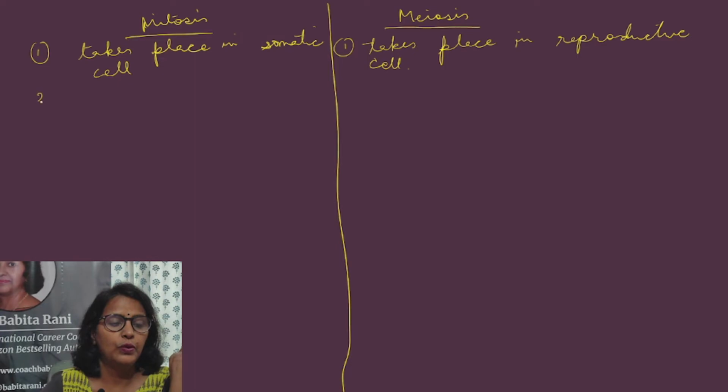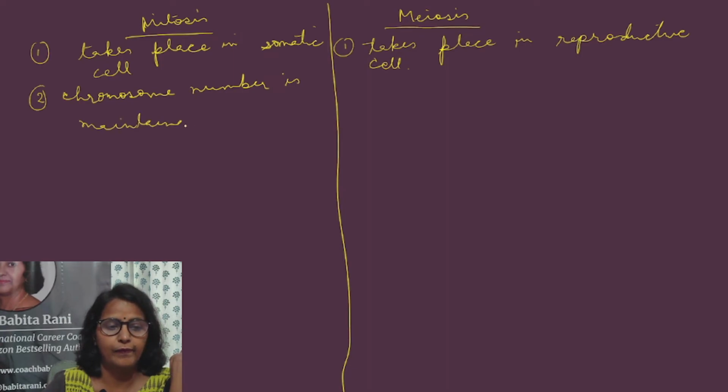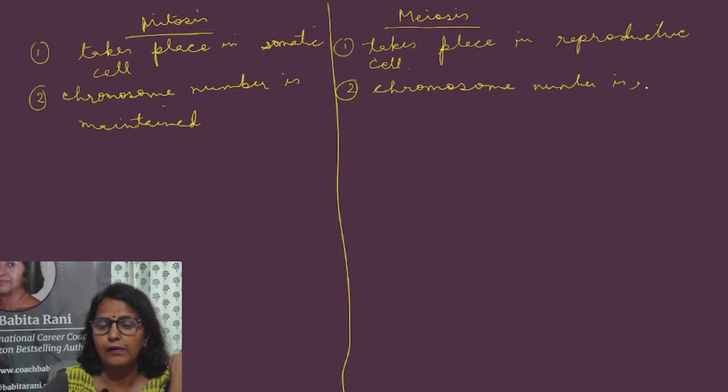Number 2, chromosome number is maintained in mitosis; in meiosis chromosome number is reduced to half.